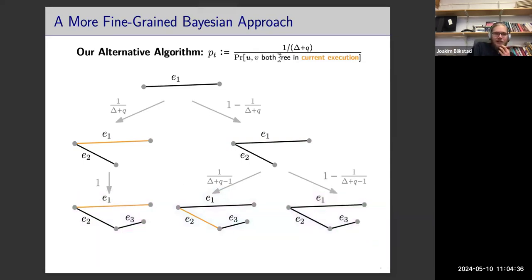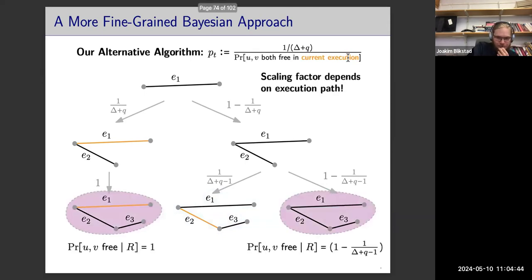But this new alternative algorithm I'm suggesting here, where we condition on things happening outside of the immediate one neighborhood, would actually use different probabilities here. It would say that for what happened for this edge E1, we want to condition on this kind of randomness. So here in the left branch, E2 was taken with probability 0.